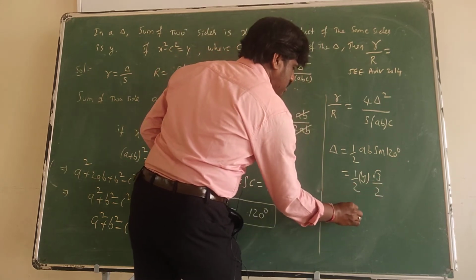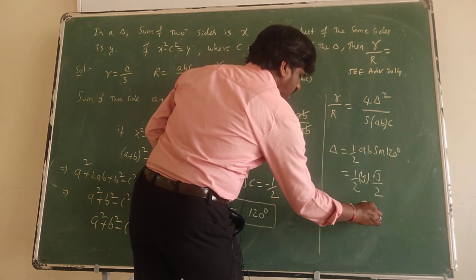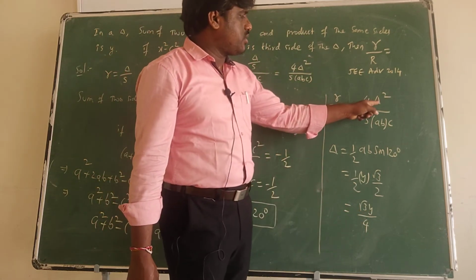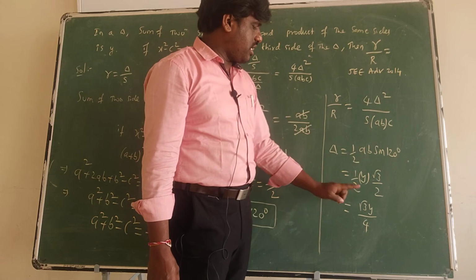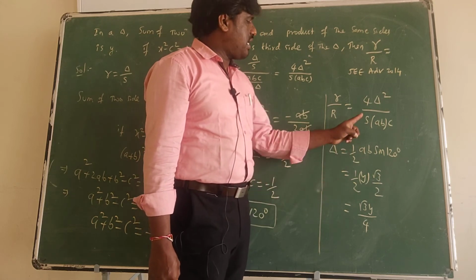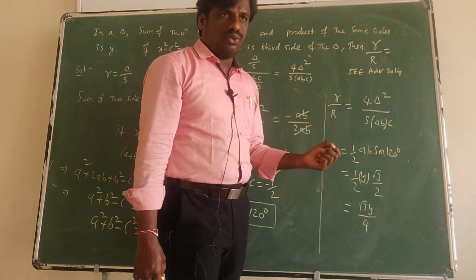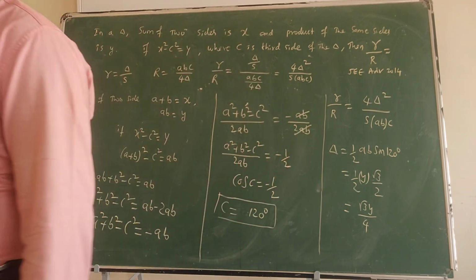So the area is root 3y by 4. I can substitute this for delta, and s is a plus b plus c upon 2. From there you are going to get the answer.